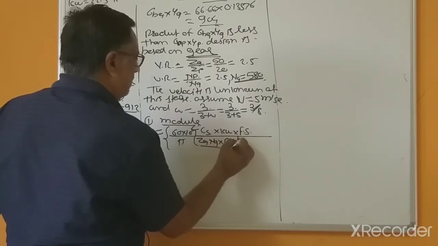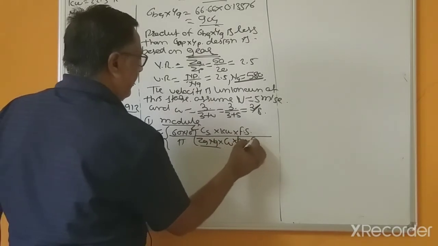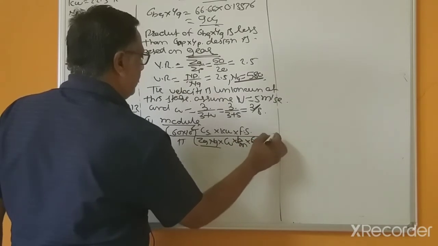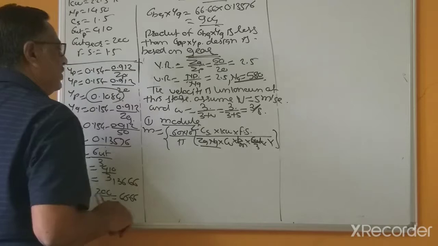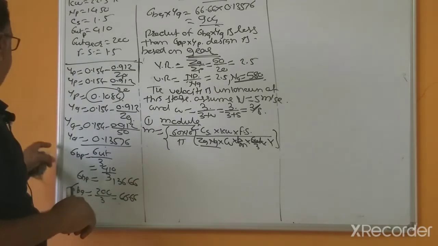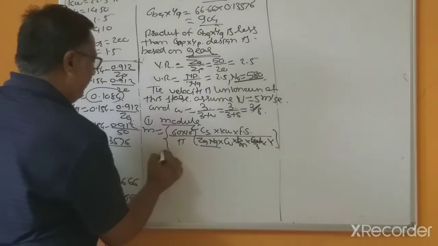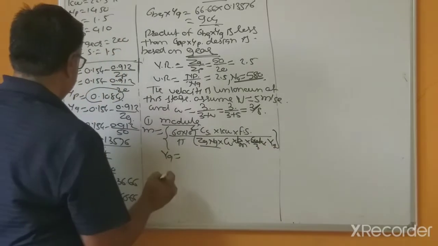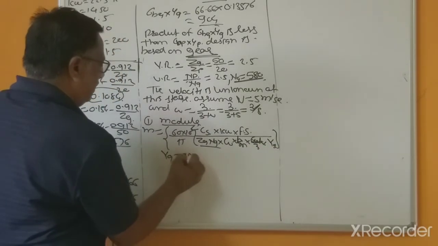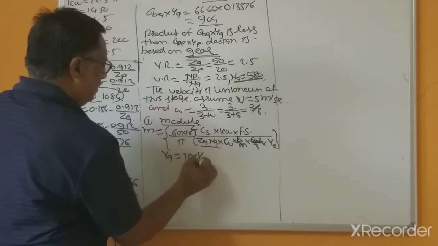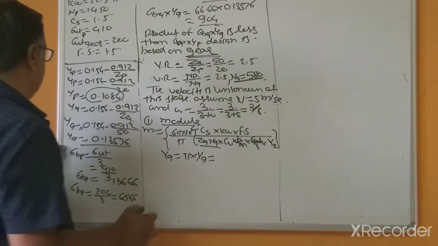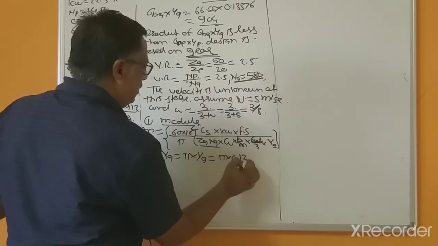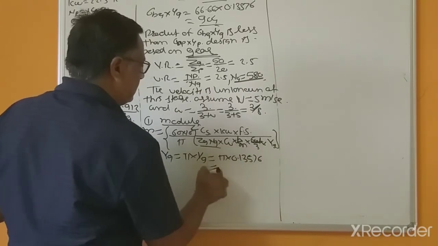CV, B by M, and this is capital Y. So capital Y is unknown. So capital Y, this is YG. Pi into YG. So pi into 0.13576.